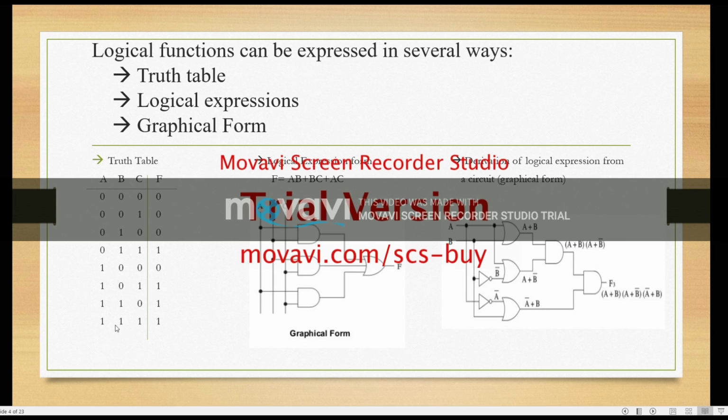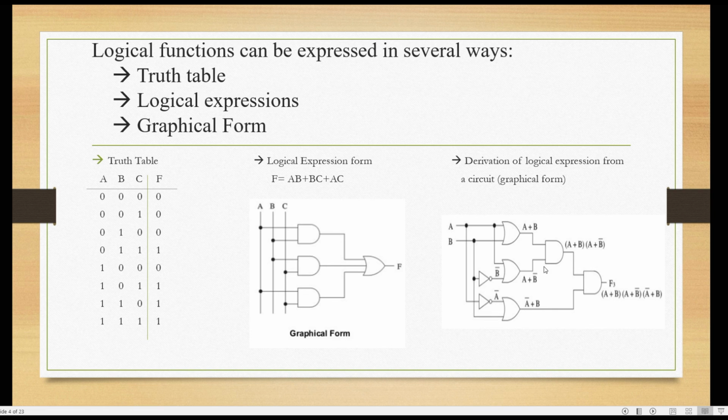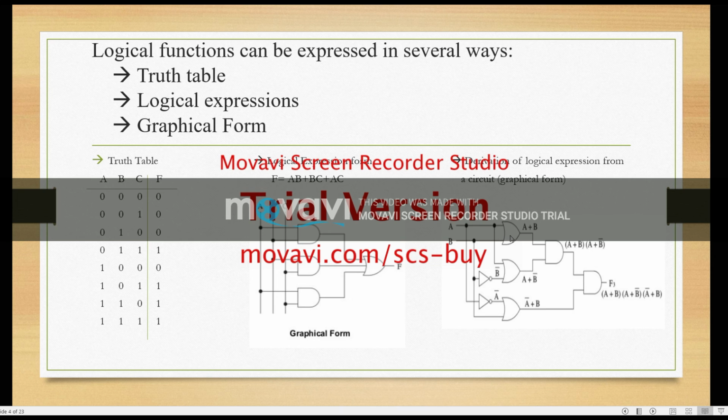For this one, the logical expression is f = ab + bc + ac. This can be implemented and shown in circuit form. As we all know, this circuit consists of NOT and AND gates, and NOT and OR gates.